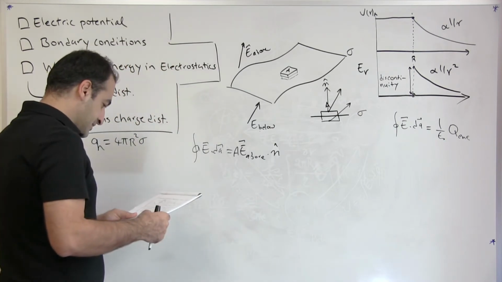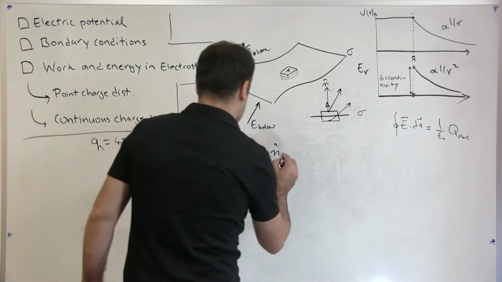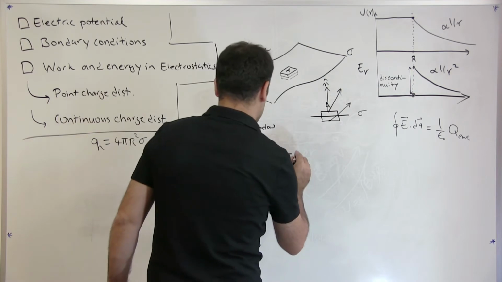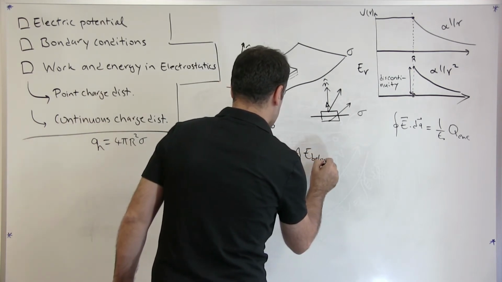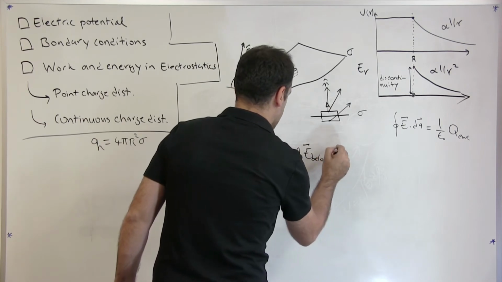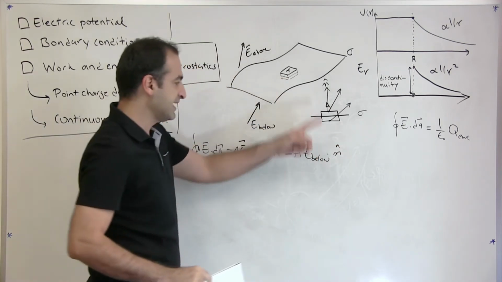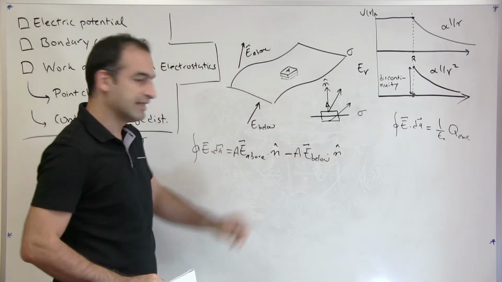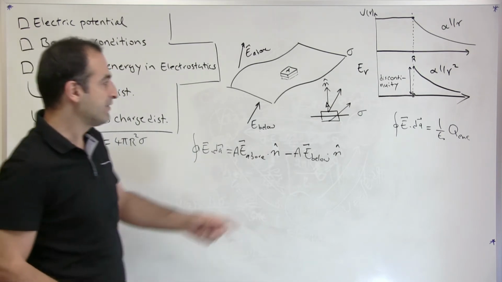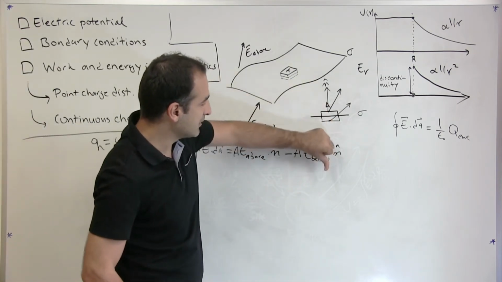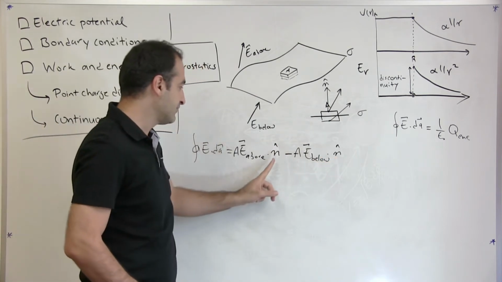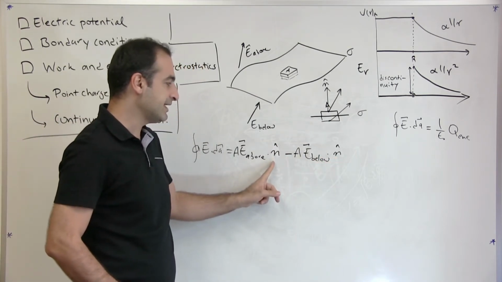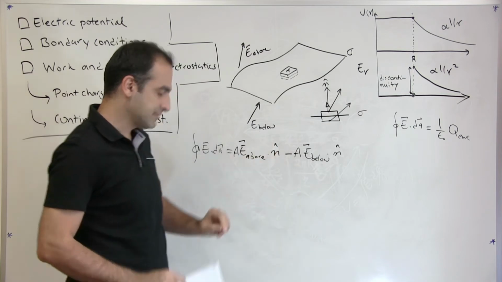And for the bottom side, I'm going to say minus A E below times n hat. I'm going to use the same n hat. That's why I put a negative sign here. If I wanted to use n hat going in the bottom direction, I would have used positive. But because I want to use the same n hat for both of them, I use a negative sign here.